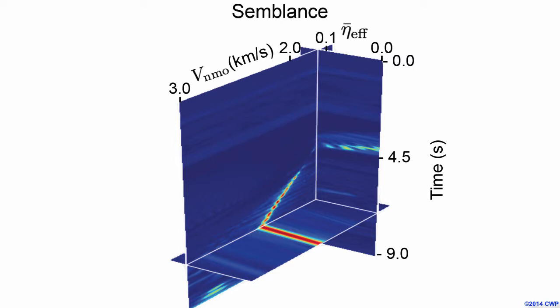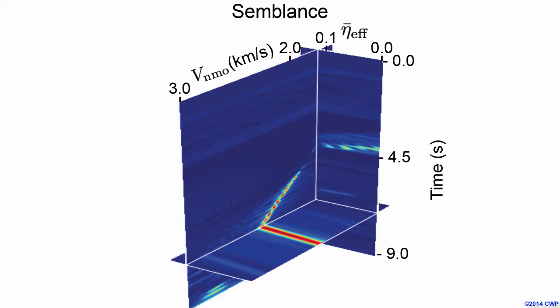contains one axis with VNMO and one axis with eta. And notice that I'm using effective parameters of VNMO and eta, and so you can see how in hotter, warmer colors on the semblance spectrum indicate higher values of semblance.